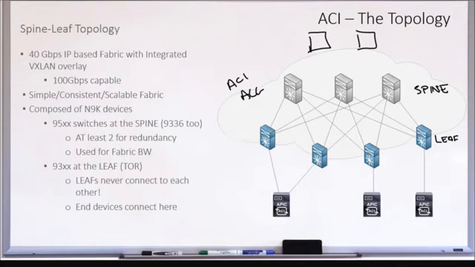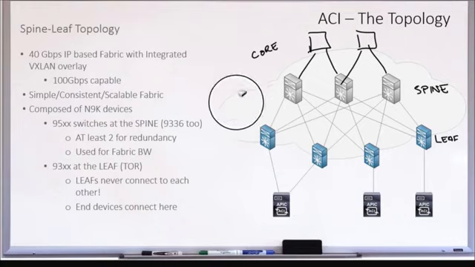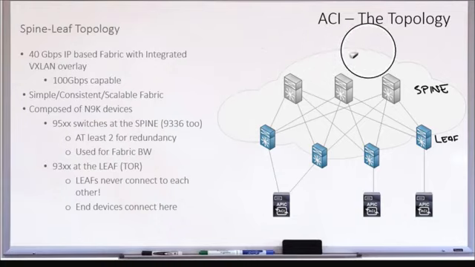Let's go back here. This would be our access layer, and then this would be our core. So it changes a little bit with ACI, because now we don't have those three tiers. We're really just dealing with the two. So let's get rid of these. Again, these are going to be our spines and our leaves.